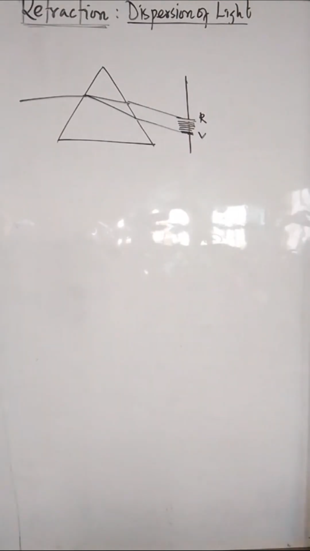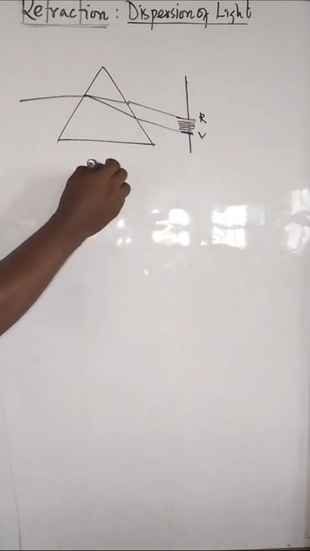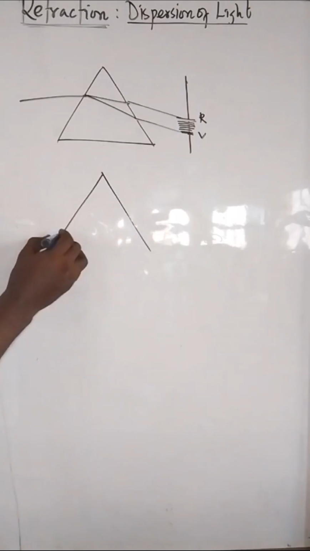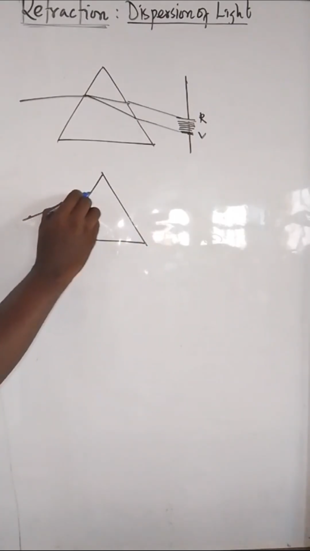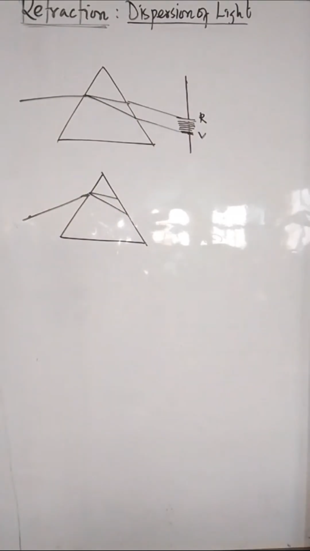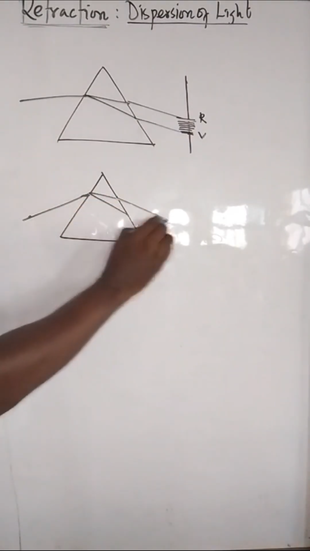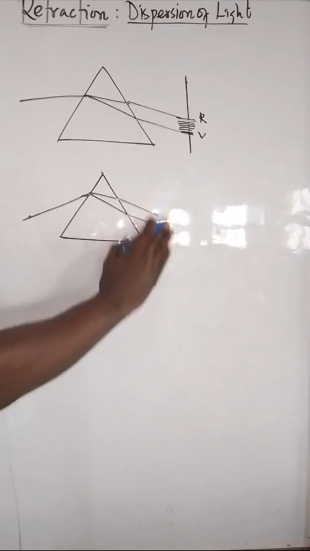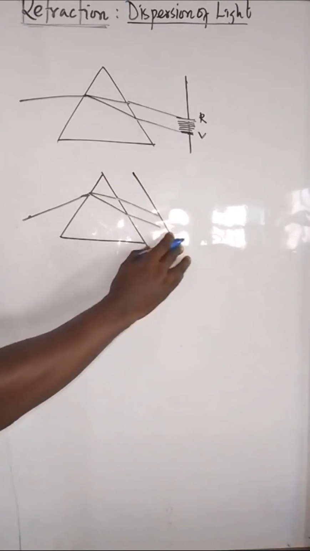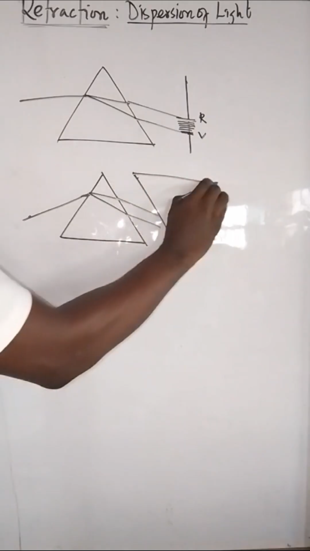Then he got another prism. So this is what he did this time around. When this one gets here, it is fast. And when it came out, he put another prism somewhere here, inverted.